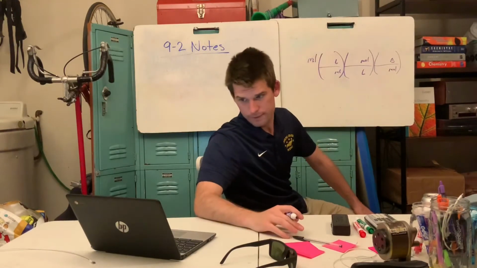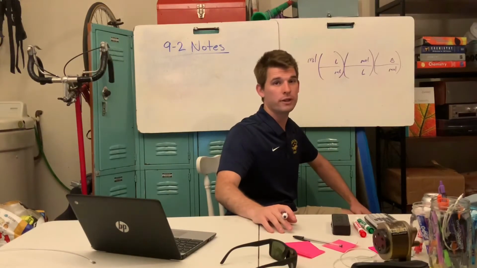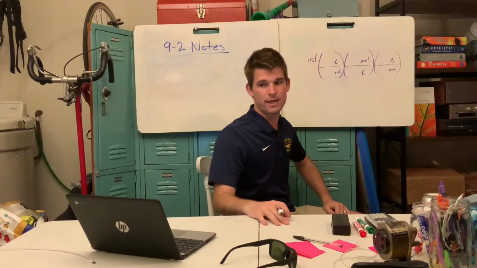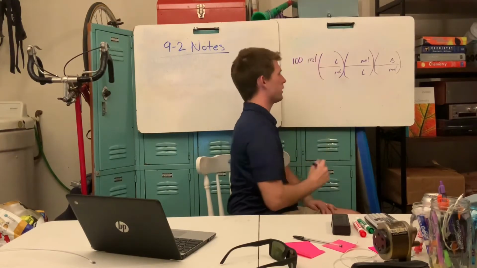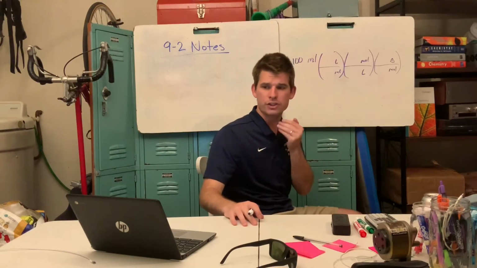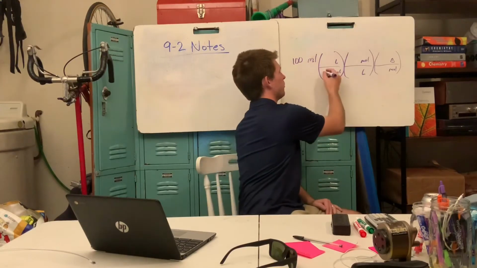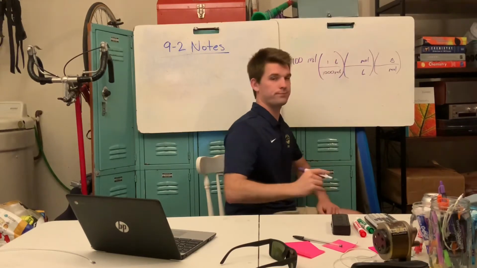Okay, let's figure out what to put in there first. We always start with the given. And in this example, we start with 100 milliliters. Do we have a relationship between milliliters and liters? Yeah, that was way back from Unit 1. We know that 1,000 milliliters is 1 liter.